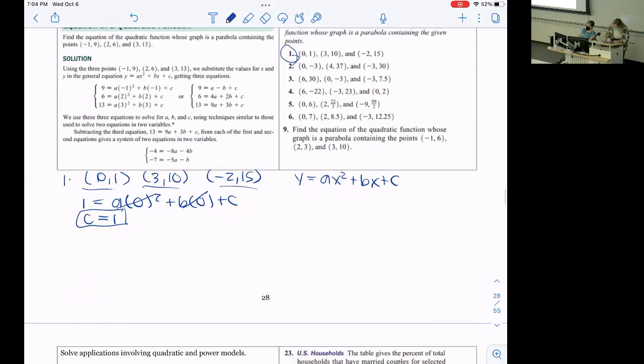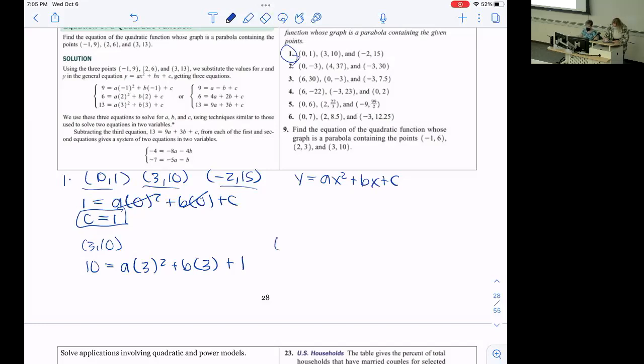And then we can plug in our next point, 3 comma 10. So y equals 10. So we have 10 equals a times 3 squared plus b times 3 plus, and then we already know what c is, so we can go ahead and plug that into our equation. So we have a plus 1.